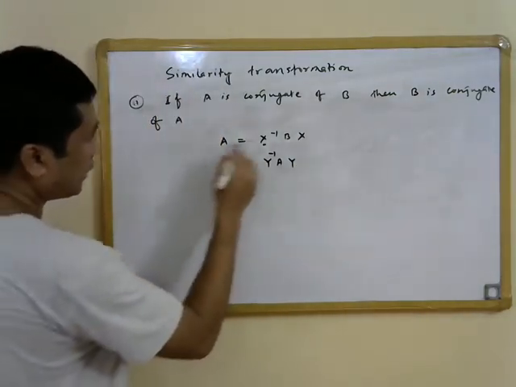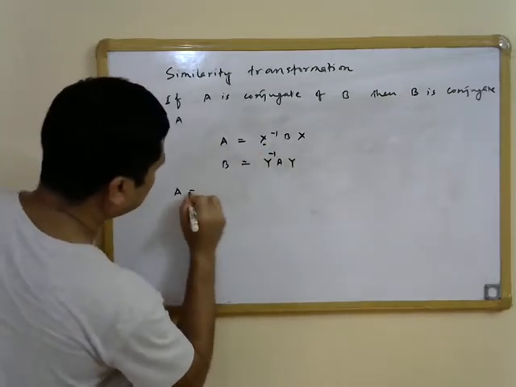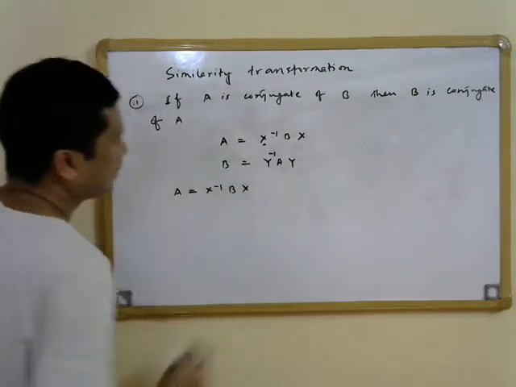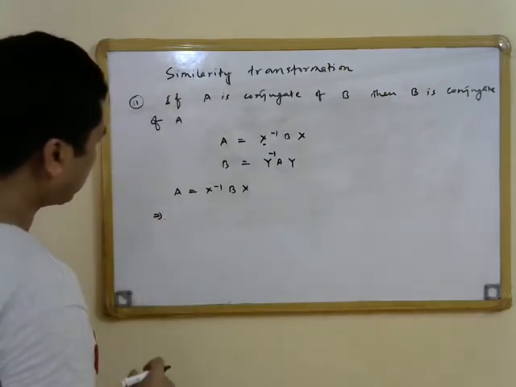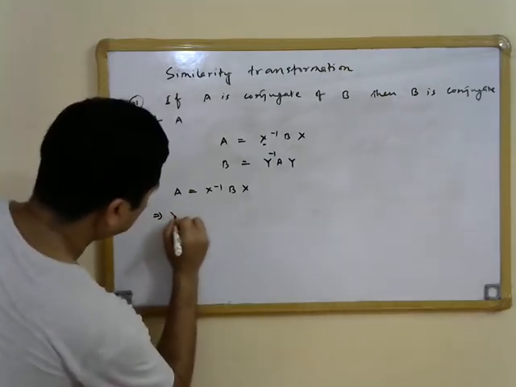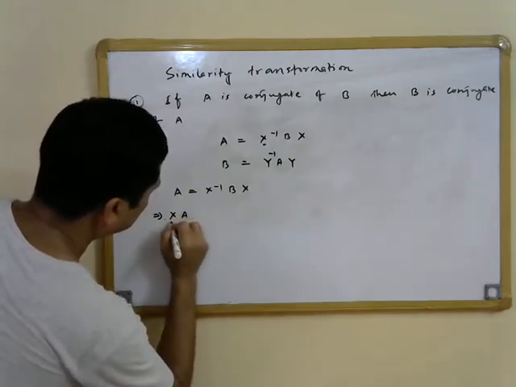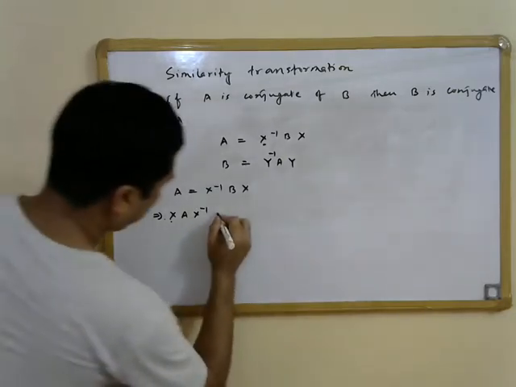So let us again try to prove this relation. Let's take the first expression over here, that A is conjugate of B. Now let us multiply this expression on both the sides using X and X inverse in this way.